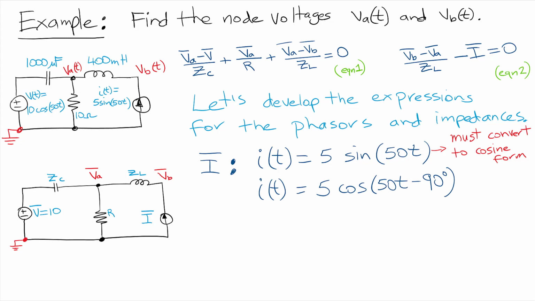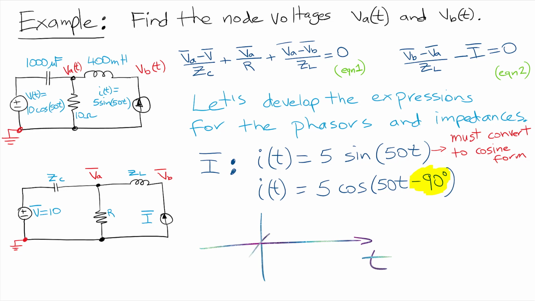And how we convert sine to cosine is by adding a minus 90 to the phase angle, okay? So what's happening here? Let's just write that really quickly. So imagine we have our graph of sine.